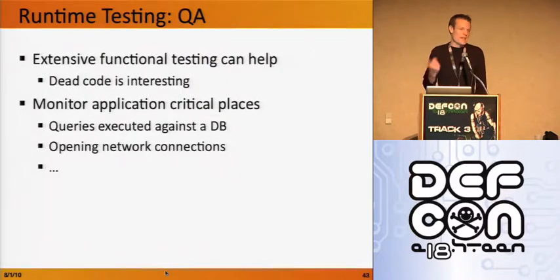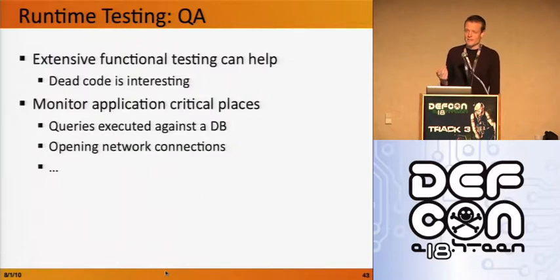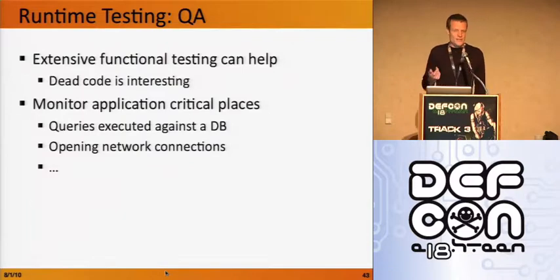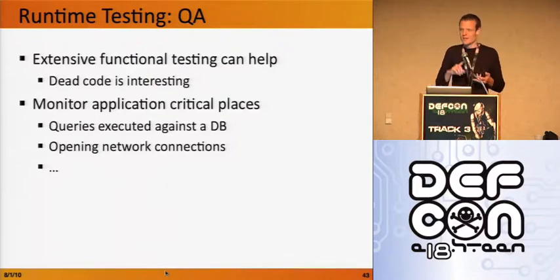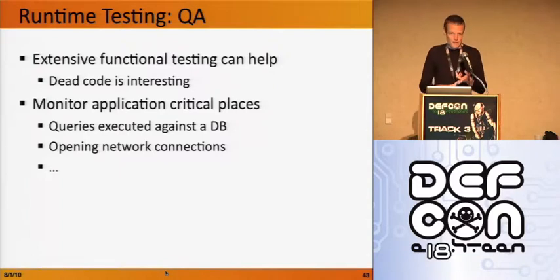Okay, so aside from static analysis, how might you track down insider threats? Your existing functional testing in QA can be pretty useful here. For the most part, you're looking for code that isn't run very often, and during a functional test, it's code that's going to look dead, in fact. If you have a mechanism for overlaying what's potentially security relevant, so talking to the database, talking to a directory server, printing content out to the web, executing shell commands, right?